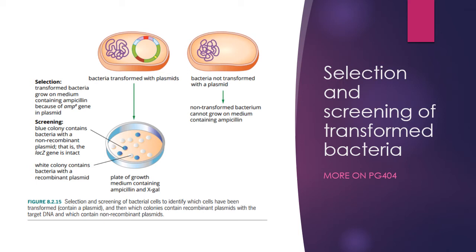So on the left, the bacteria that's been transformed with the plasmid is going to come up white, and the one that has been transformed but not with the correct gene of interest will come up white. The one that hasn't transformed at all won't grow at all on the agar plate. So it's just a way that they check that process.